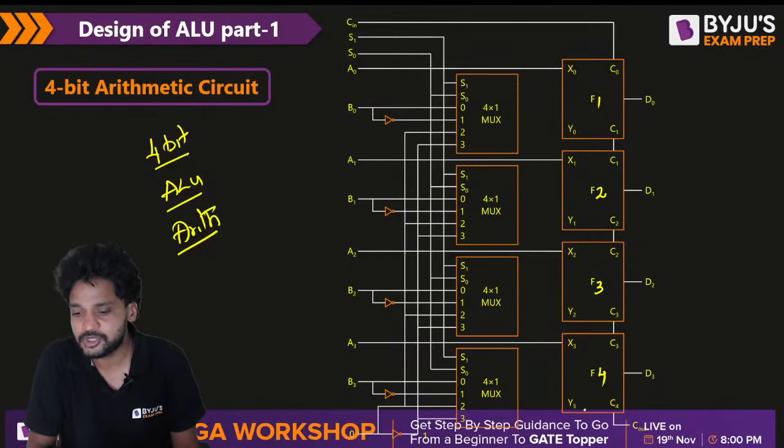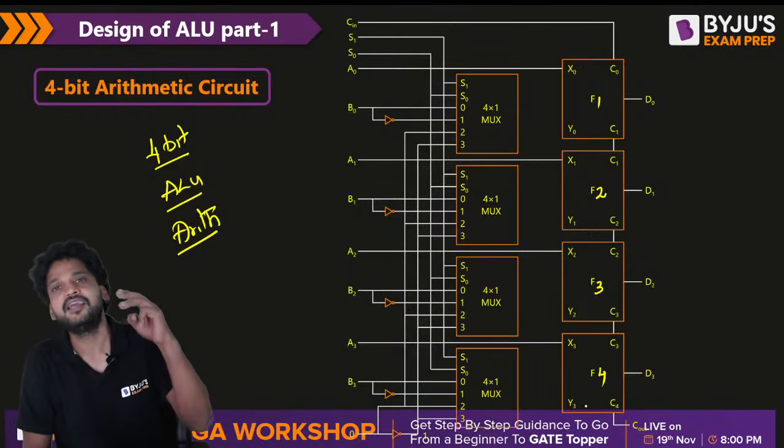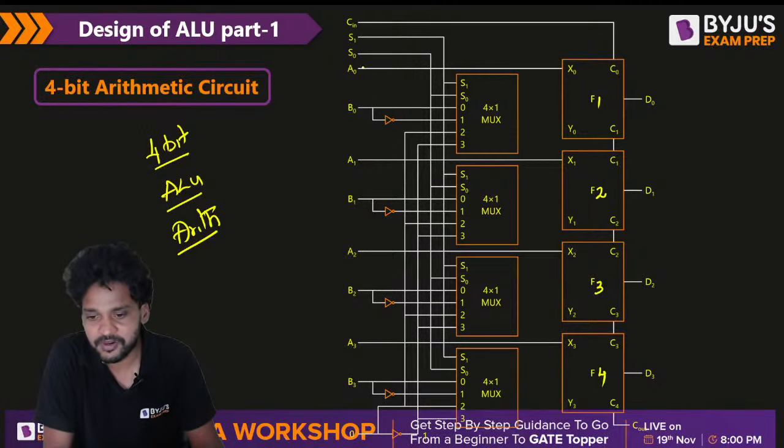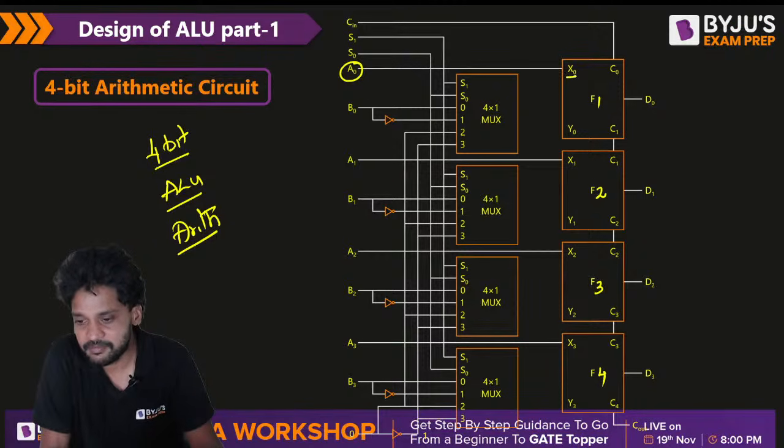All these full adders will require 3 inputs. Stay focused. The full adder's first input is from A. Have a look at this. There are 3 inputs. This is the first input. There will be a second input, which I did not show. The first input is from A. Okay, look at this.